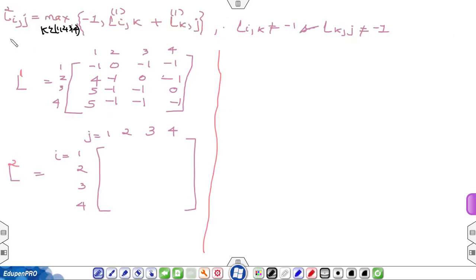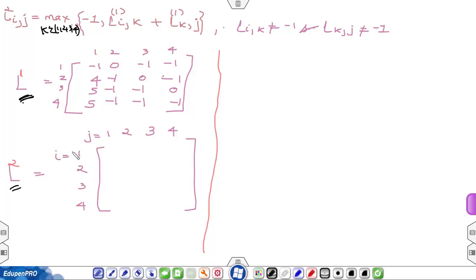So using this relation, we will calculate the elements of matrix L2, and we need elements of matrix L1. So I have written L1 over there, and I have to calculate L2.